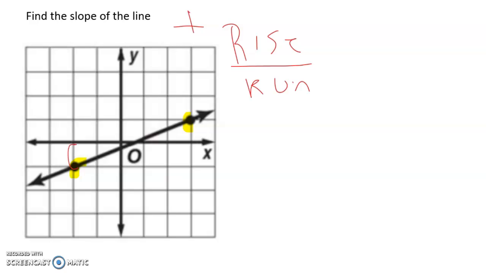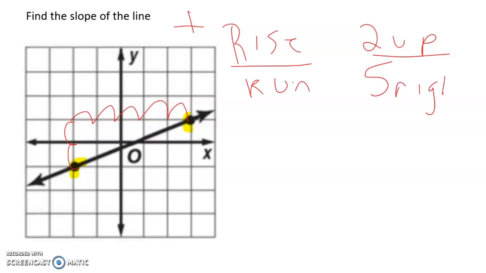My rise is 1, 2 up. And my run is 1, 2, 3, 4, 5 right. Those are both positive words, so my answer is 2/5.